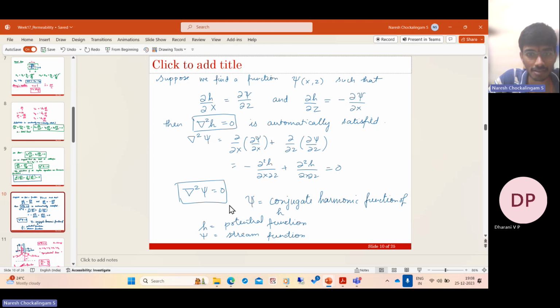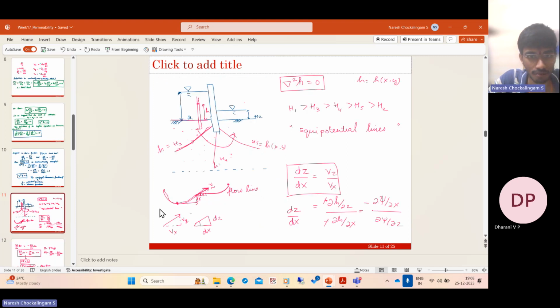And it turns out that this conjugate harmonic function of the total head h corresponds to the velocity, the flow lines. So the tangent to the conjugate harmonic function gives the velocity vector at a given point, and h equal to constant describes an equipotential line. So this is what we saw.